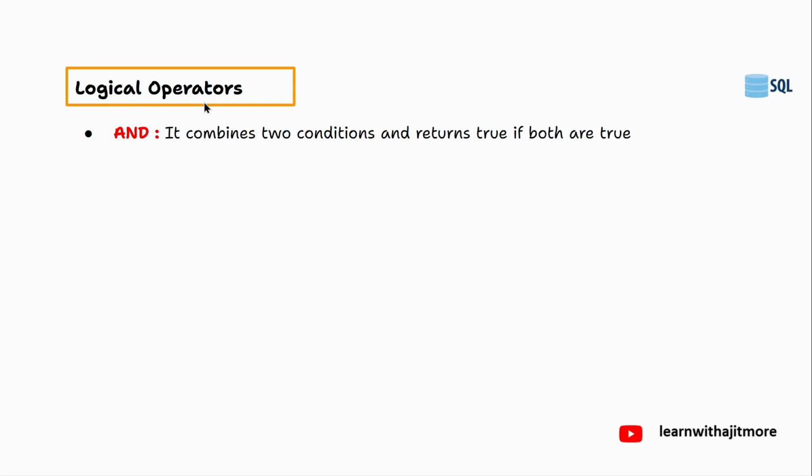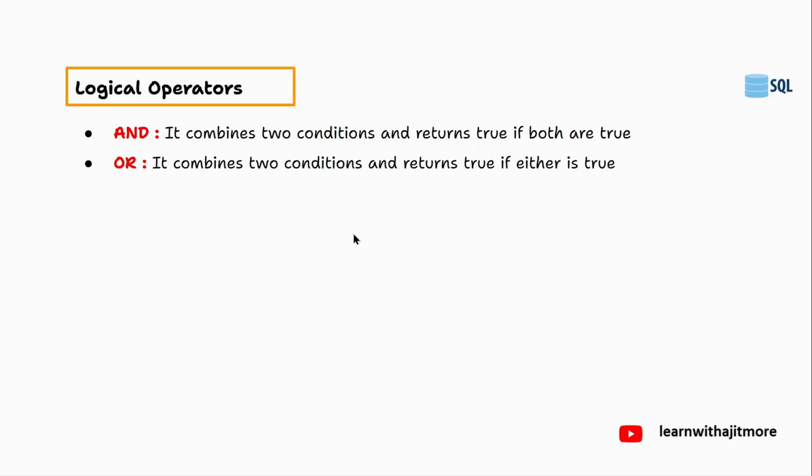So in logical operators, basically when to use logical operator: to combine more than one condition. It acts like a connective. Okay. So in that first we have and. It combines two conditions and returns true if both are true. Condition 1, condition 2, and. So if both are true, the result is true.